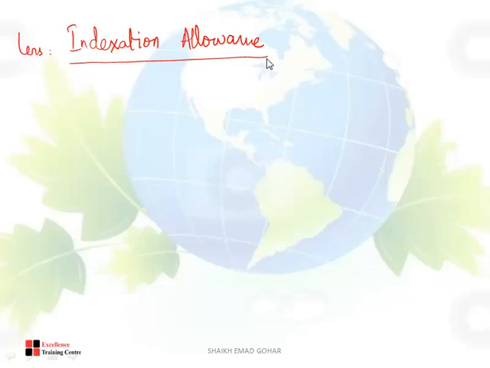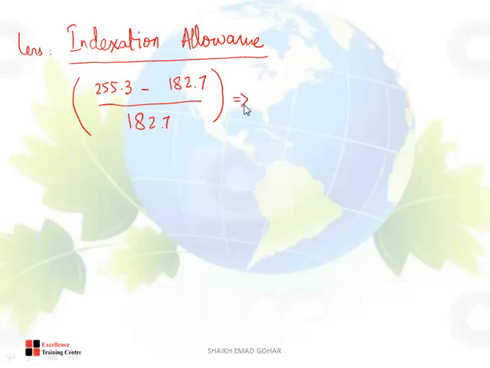So tell me one thing, what is RPI at the date of disposal? 255.3, minus what is RPI at the date of acquisition? Divided by 182.7. Remember, this is a normal working and you need to round it off. So how much is this, to 3 decimal places? 0.397. Multiply by cost.